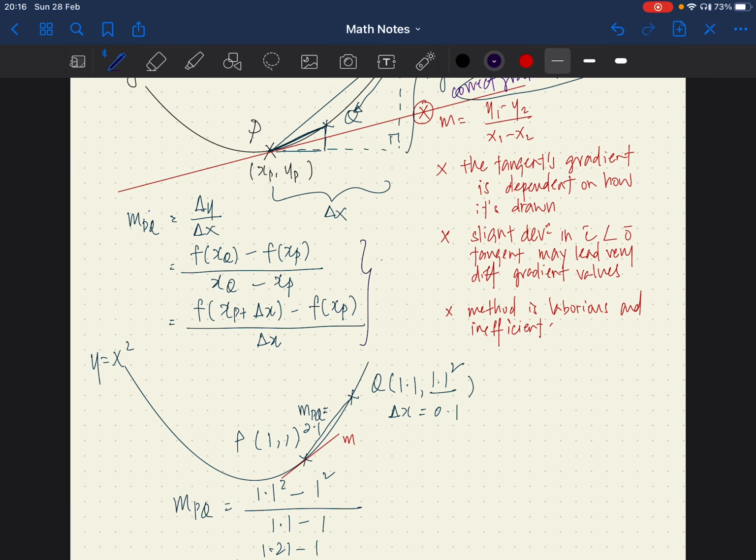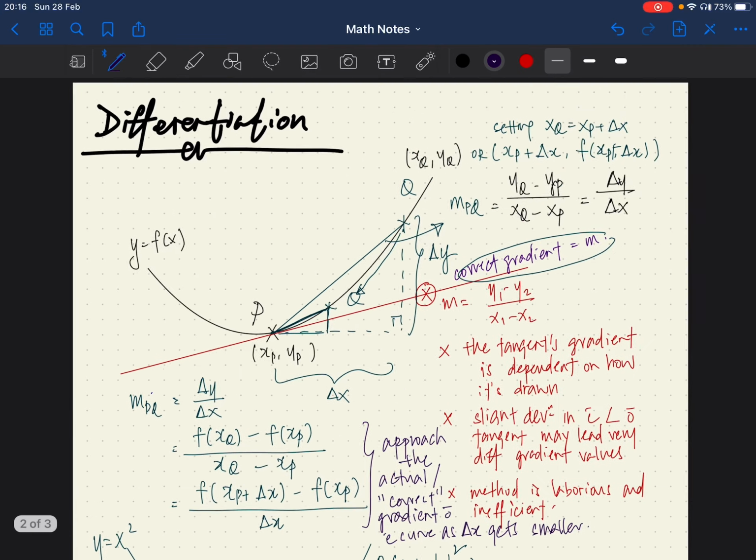This working here will approach the actual, or the correct, gradient of the curve as delta x gets smaller.